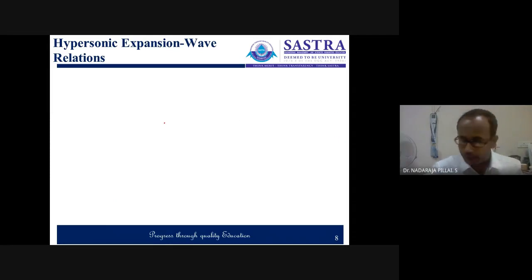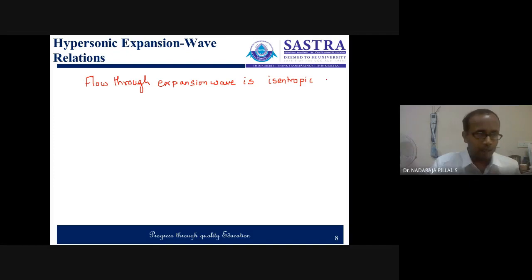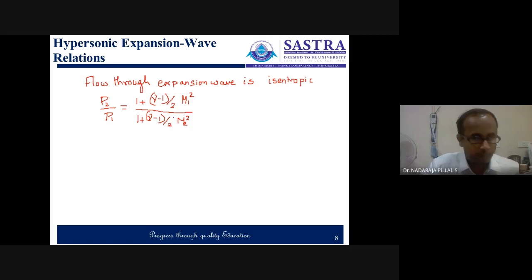So the flow through the expansion wave is isentropic, and we can write now that P2 by P1 is equal to 1 plus gamma minus 1 by 2 into M1 square by 1 plus gamma minus 1 by 2 into M2 square, the whole power gamma by gamma minus 1.